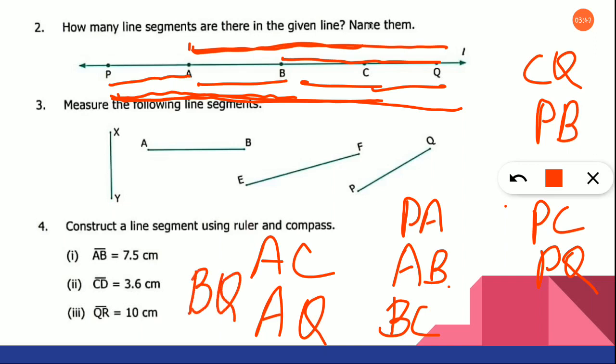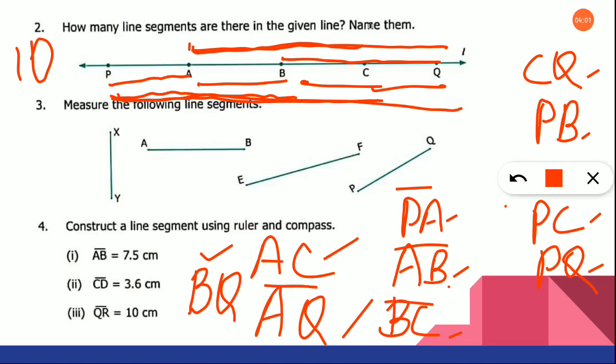So altogether how many line segments are there? 1, 2, 3, 4, 5, 6, 7, 8, 9 and 10. So for the second sum we have 10 line segments and these are the names. For all the line segments you have to draw this line on top. You have to denote it like this.